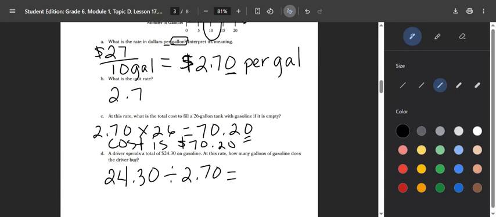You may use your calculator, and that equals 9. So the total cost, $24.30, divided by the cost for 1 gallon, $2.70, equals 9, which means the driver buys 9 gallons of gas.